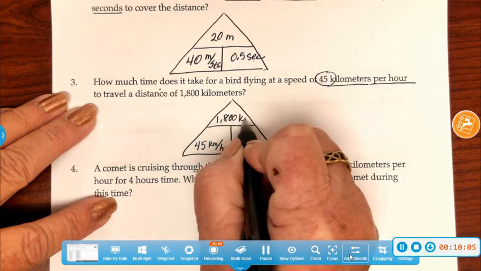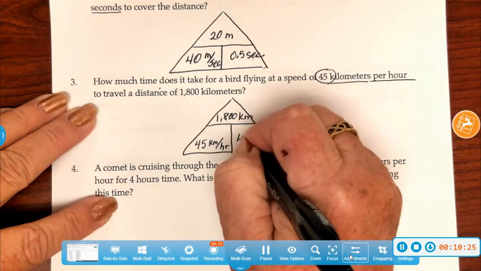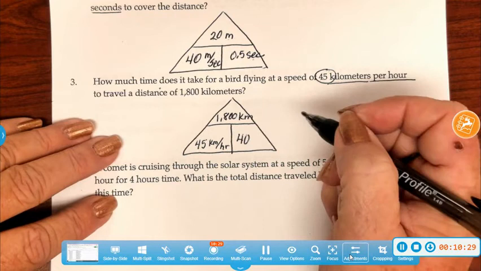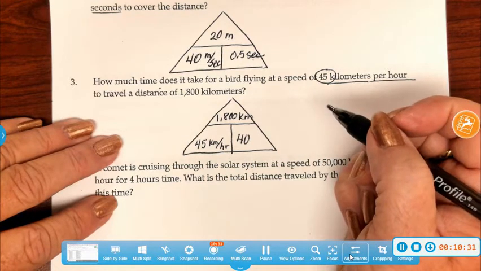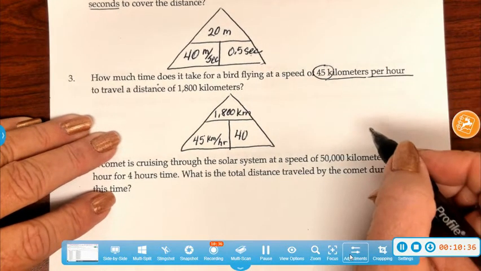1800 divided by 45. I was off by a bit. Okay, so what kind of label did we put on this?